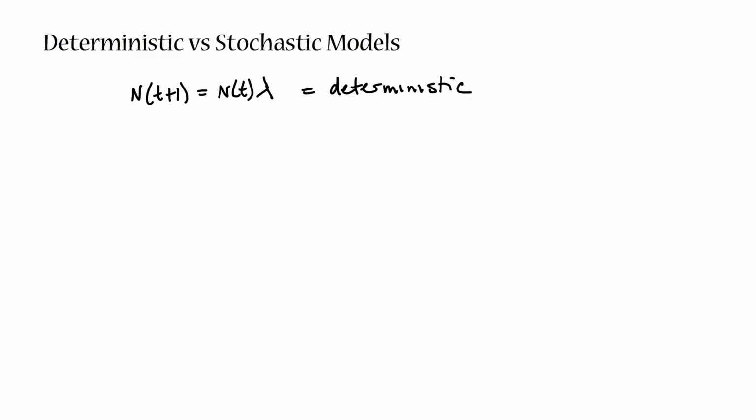A stochastic model is any model that has some element of randomness to it. Every time you run a simulation of the model, it will come out different because somewhere in there is a random process.